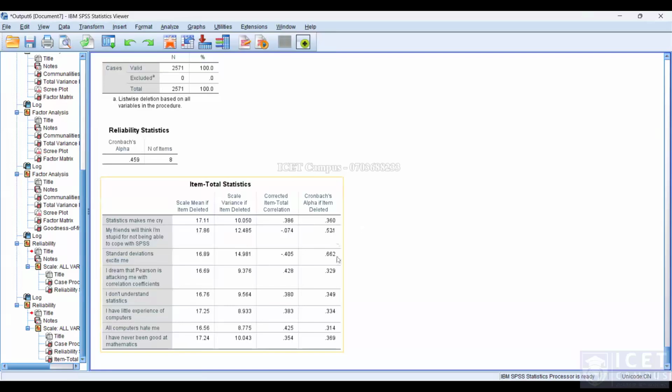We can increase it only to a maximum of 0.662. To do that, we have to erase this one. What is this? "Standard deviation excite me." If you delete this question, we can improve our Cronbach alpha value to 0.662.